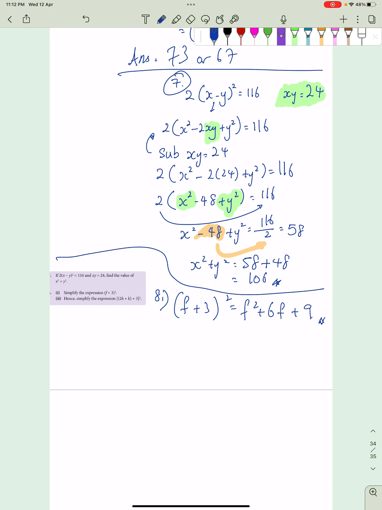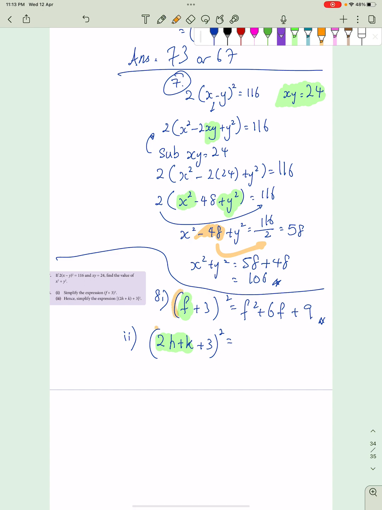All right. Now, part 2. Hence, simplify the expression 2h plus k plus 3 squared. So if I want you to compare, you notice that f is actually 2h plus k. Yeah? And the rest are actually the same.